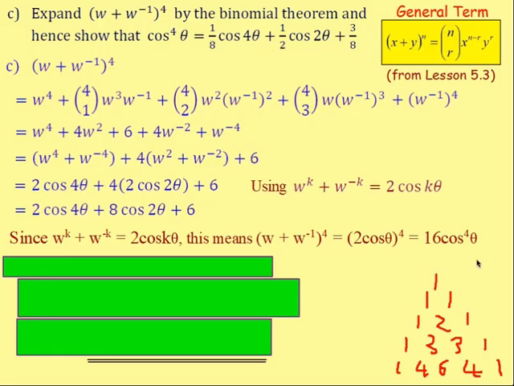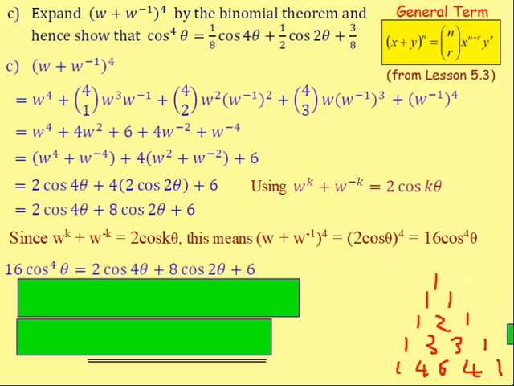And then from there, w plus w to the negative 1 all to the power of 4, we can replace that with 16 cos theta to the power of 4. So we can say that equals what we found here, the cos 4 theta plus 8 cos 2 theta plus 6. From there, we want to show that cos theta all to the power of 4 equals, so we need to get down to that, and we do that by dividing by 16.